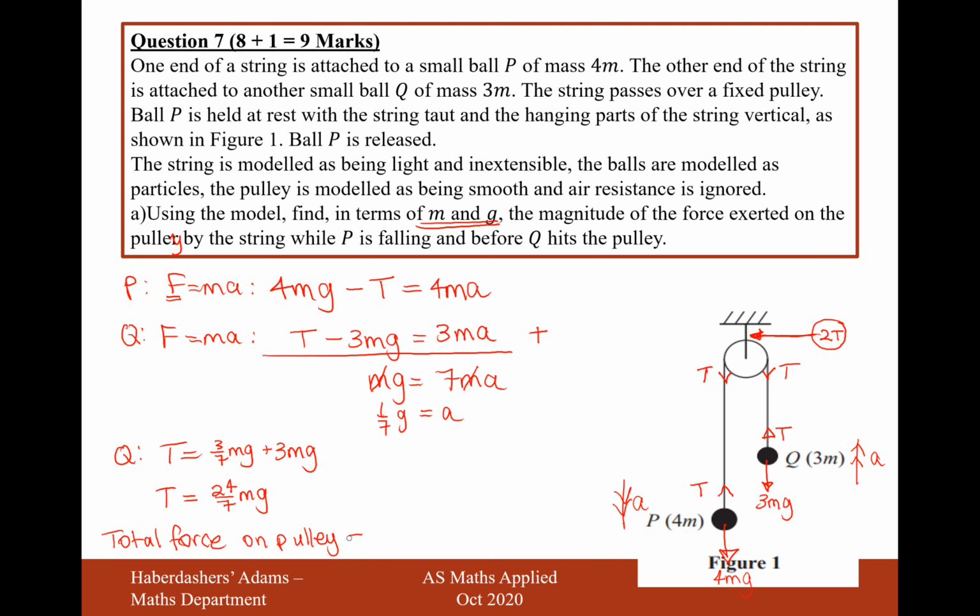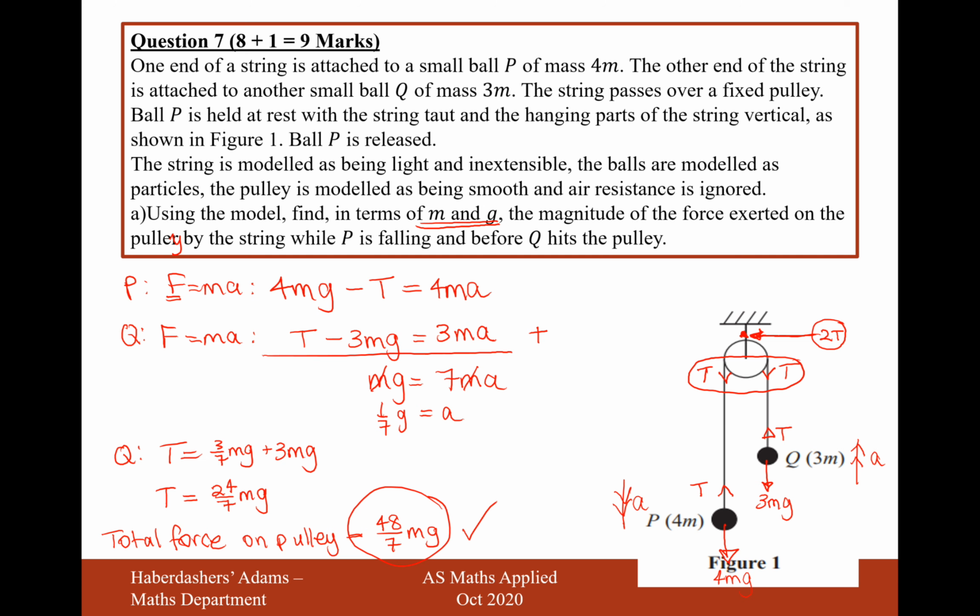So it's going to be 48/7 mg. 2 lots of the tension, because you can see either down here you have 2 lots of tension, so that's the force exerted on the pulley, or on the top here that's pointing upwards, that's the anchor attaching the pulley system to the roof. That's also going to have a tension of 2T as well. So whichever way you look at it, the tension is 48/7 mg. So there we are, that's our answer to part A.